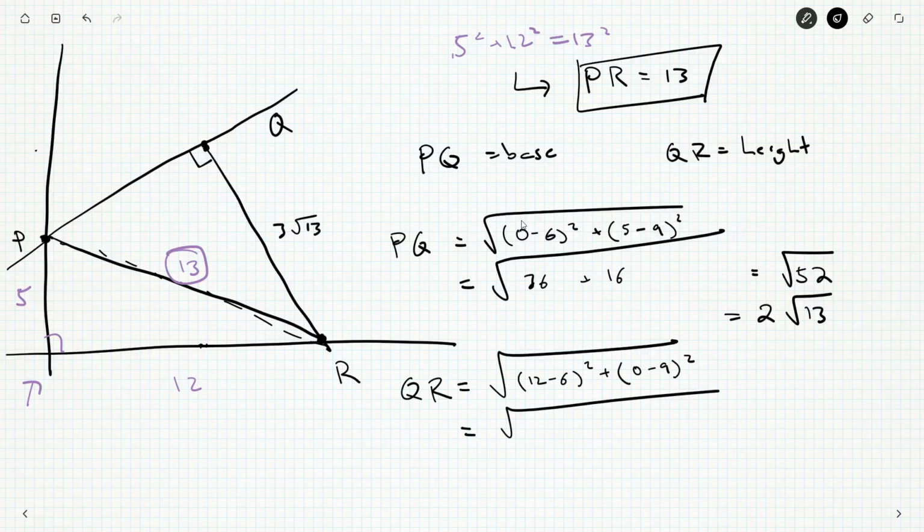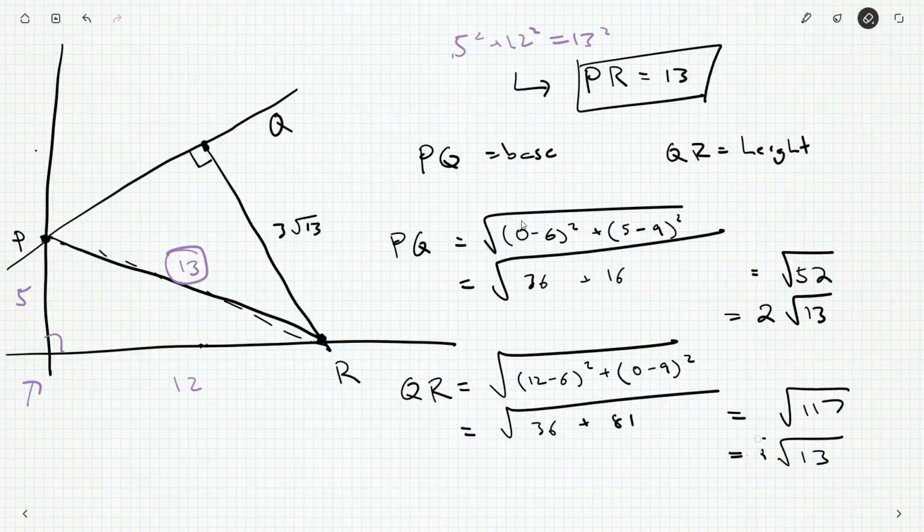That'll be 6 squared, 36, 9 squared, 81, and that'll be 117. Which you can divide by 9. So 1 9 goes in there, and 3, and then the 9 comes out. Instead of square root 9, we tend to just write 3. Okay.